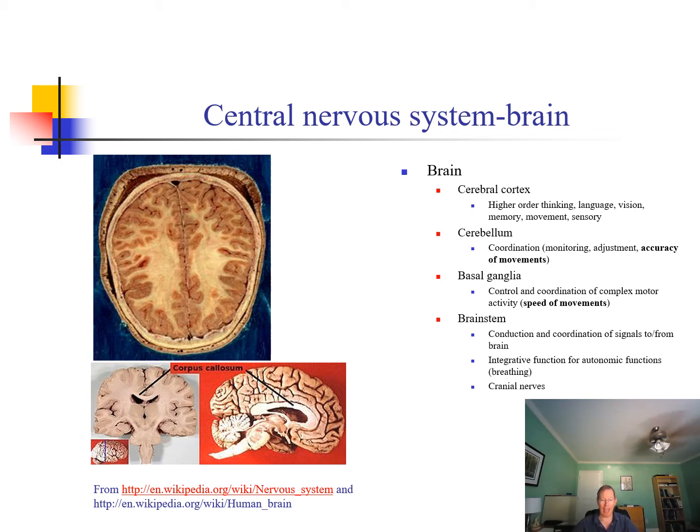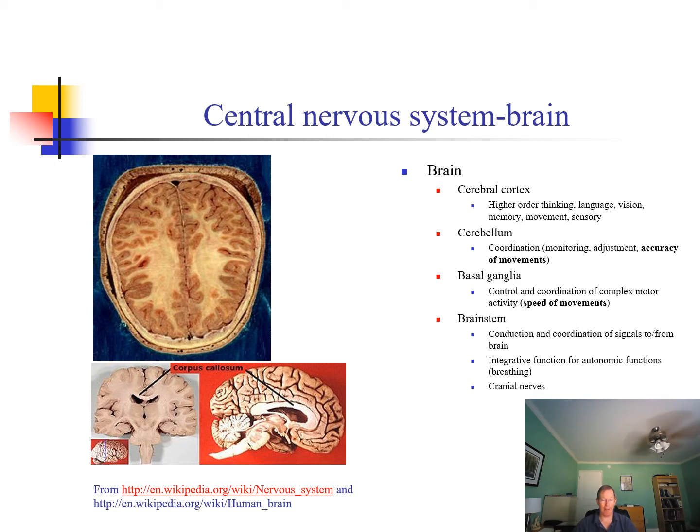The basal ganglia deep in the brain controls the speed at which you perform movements. So for example, if you were to clap your hands real rapidly, or flip them back and forth, that is controlled through the basal ganglia.